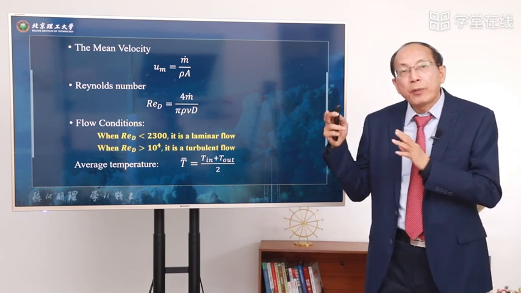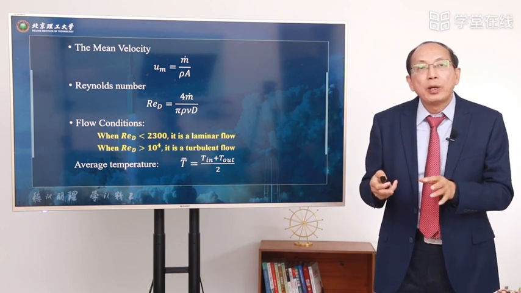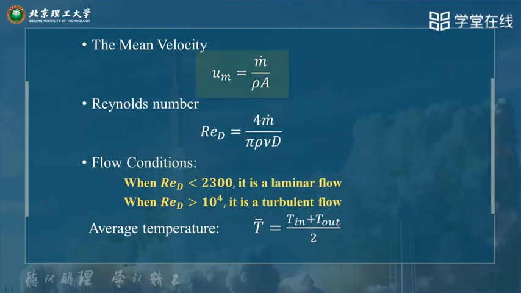If the problem is about mass flow rate, in this case the mean velocity equals m dot over rho A, where A is the section area. So the Reynolds number, Re D, equals 4 times m dot over pi mu D. We use this equation to calculate the Reynolds number.